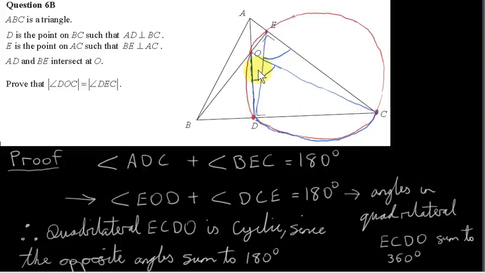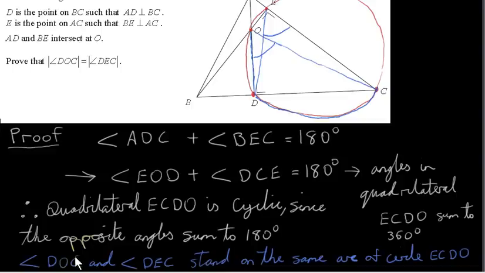So now we use another theorem about angles standing on the same arc of a circle. So here's angle DOC and here's angle DEC. They both stand on the same arc of the circle ECDO, the circle through the four corners of the quadrilateral.